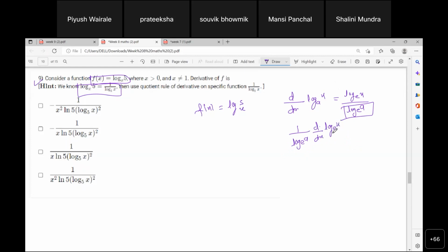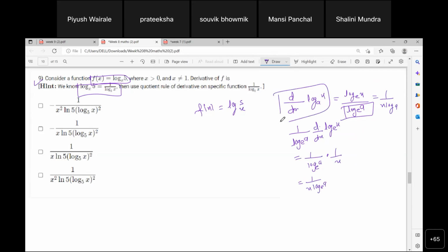So 1 upon log e of a is constant. I have to take the derivative of log of x to the base e. So this derivative will be 1 upon log e of a into 1 upon x, that is 1 upon x log to the base e of a. Okay. So in general, can I say that the derivative of this particular function will be 1 upon x log of a, right?